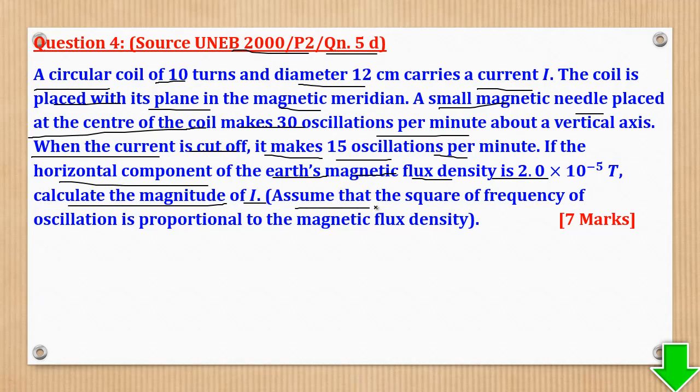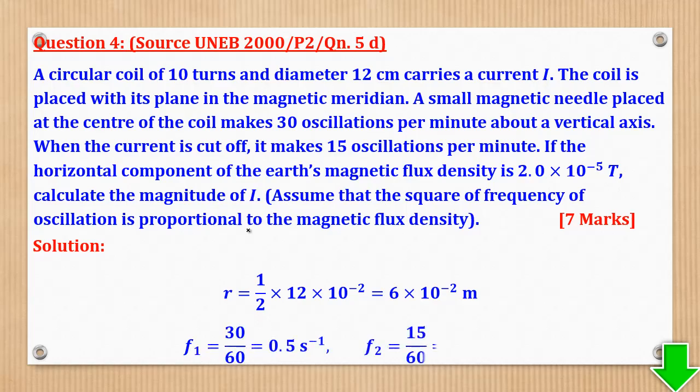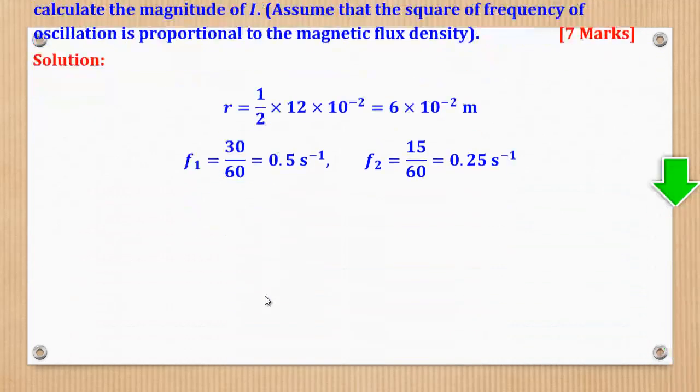So the assumption is that the square of the frequency of oscillation is proportional to the magnetic flux density. So radius is that, and frequency per second, because what we were given was per minute. Per second we come up with that.